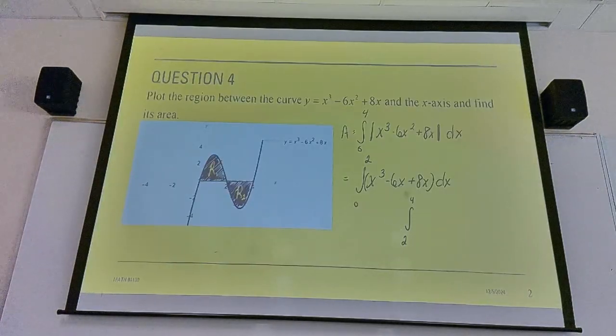It should be the same effect as just doing this. Because that first integral is going to give us a positive area, which is fine. That second integral gives us a negative area. So if we do minus a negative, it's the same as adding it.